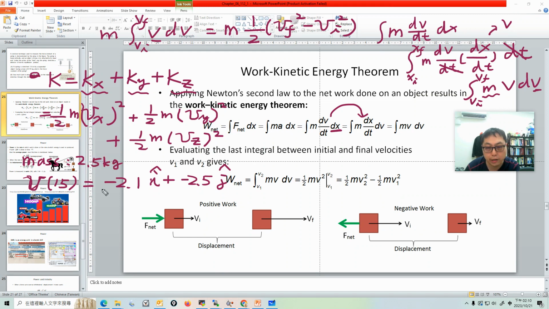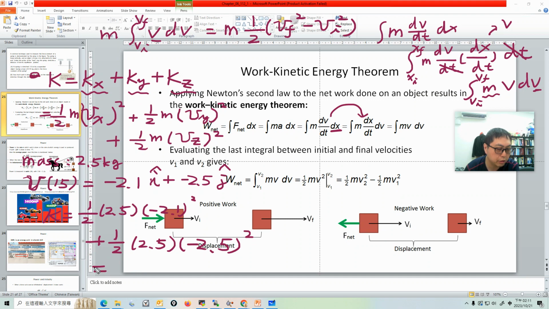What's the kinetic energy of this rabbit at this moment? It's simple because this is 2D motion, so we can decompose the total kinetic energy into the x component and y component. The total kinetic energy is 1/2 times 2.5 times minus 2.1 squared, plus 1/2 times 2.5 times minus 2.5 squared.